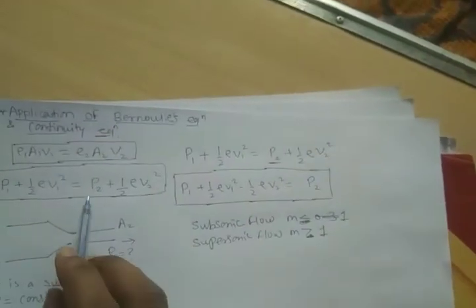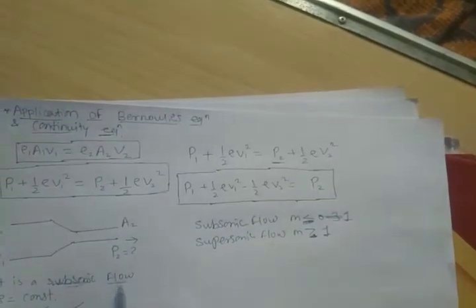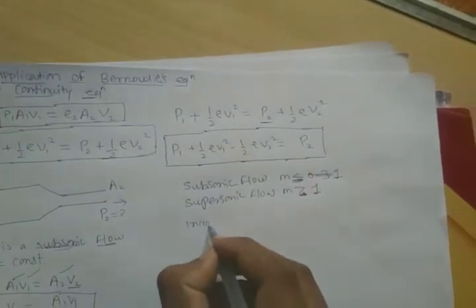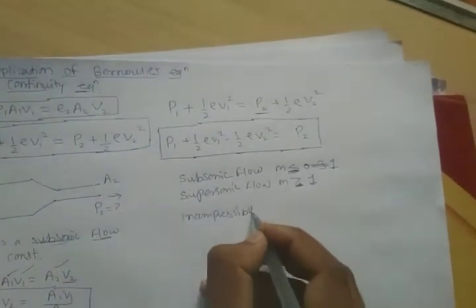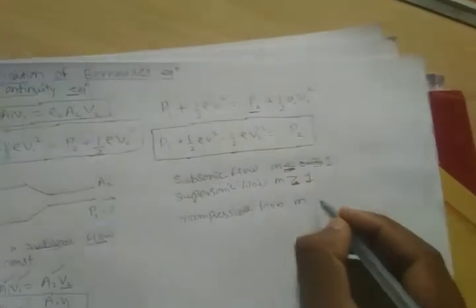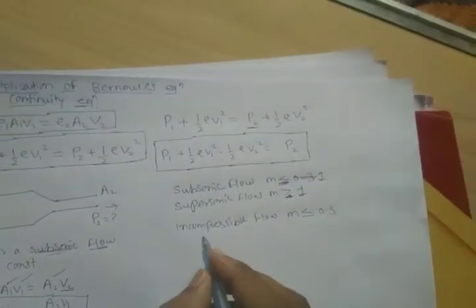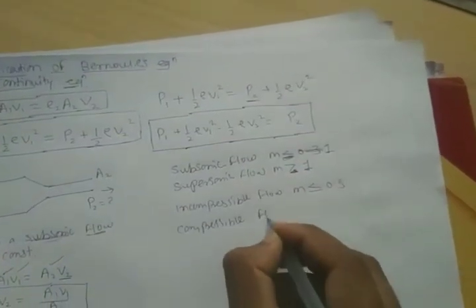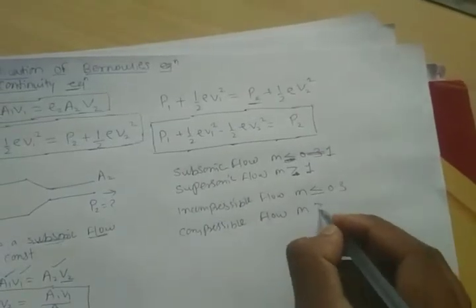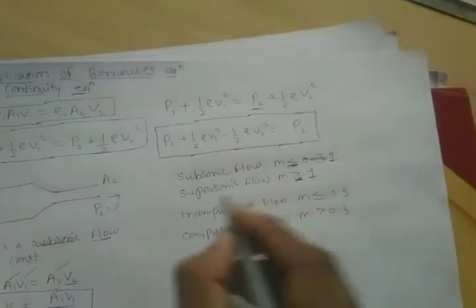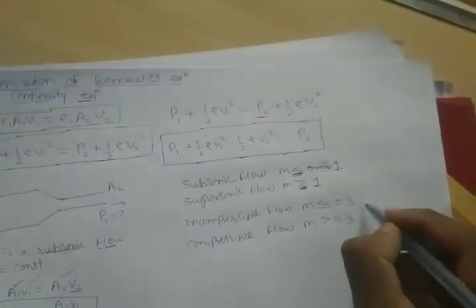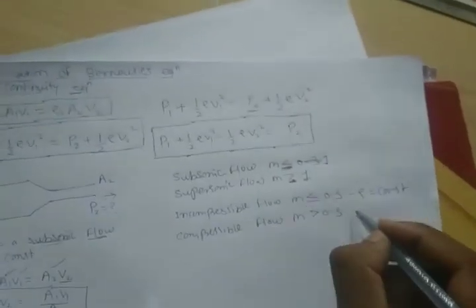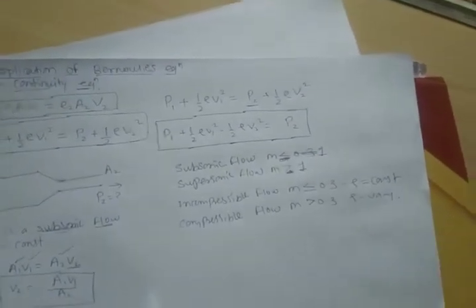And for the application of Bernoulli's equation, the flow should be incompressible. For incompressible flow, Mach will be less than or equal to 0.3, and for compressible flow Mach will be greater than 0.3. This is the incompressible flow, for which rho is constant, and for compressible flow rho will vary.